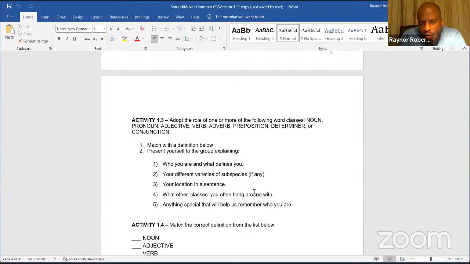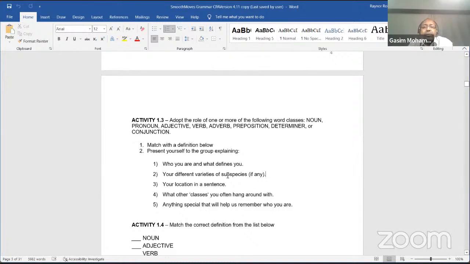If that had to match one of who you are, which one would that be, versus your different varieties of subspecies, if any, your location in a sentence, what other classes you often hang around with, anything special that will help us remember who you are.